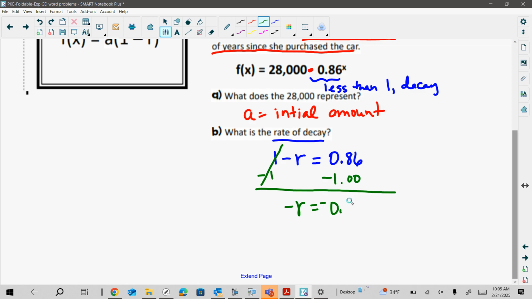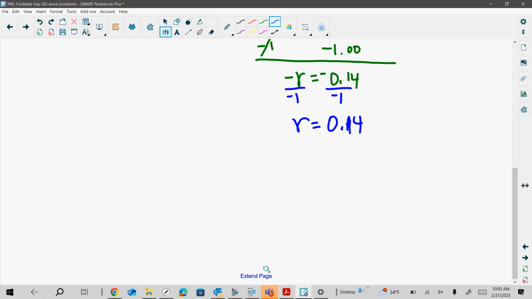Yeah, negative 0.14. We can't have a negative R, so you're going to divide by negative 1, which means our rate, yep, 0.14. So what percent is that? Yeah, 14%. You still have to give the rate as a percent.